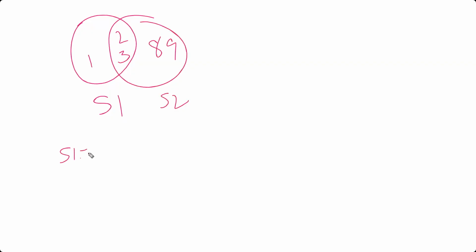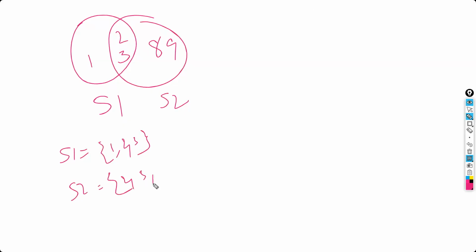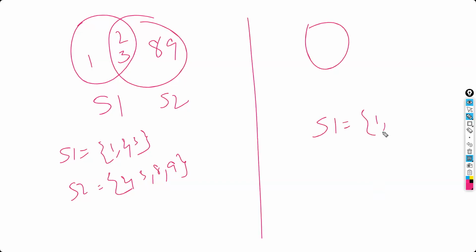S1 is equal to 1, 2, 3. S2 is equal to 2, 3, 8, 9. Normal sets. Generally, I am discussing sets. Here also, S1 is equal to 1, 2, 3. Set 2 is equal to 4, 5, 6.